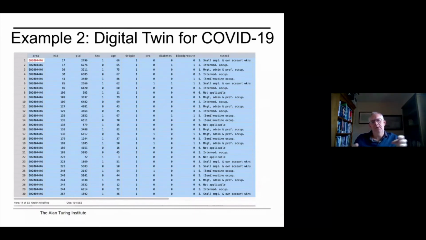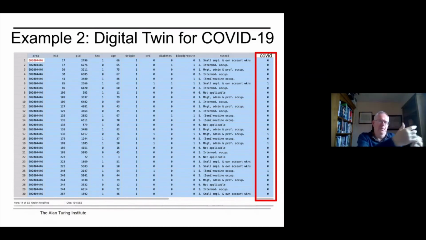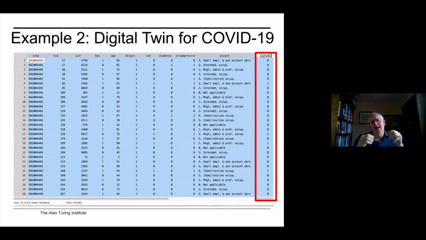So I'll introduce this just by saying we can think about these synthetic representations of individuals and what happens conceptually, if you like, if we introduce a new attribute to each of these people in the population, and I'm going to call that COVID. So what I'm saying here is that we can use this same starting point, this same microsimulation framework, to think not about an infrastructure planning problem, as we had in the previous example, but about the specific manifestation of a disease and infection amongst the members of that population.